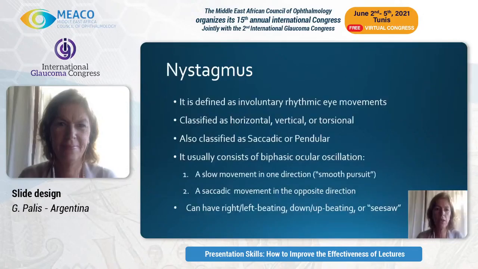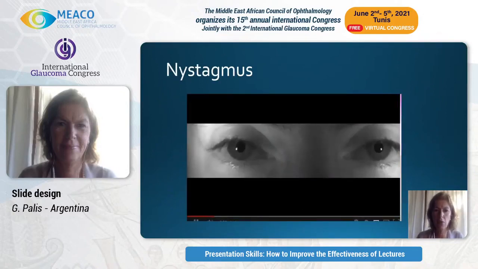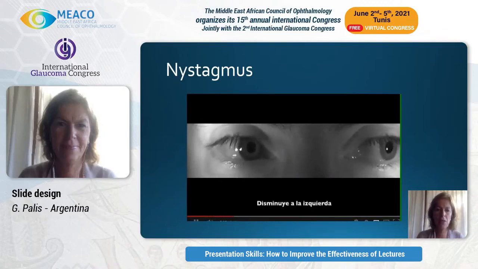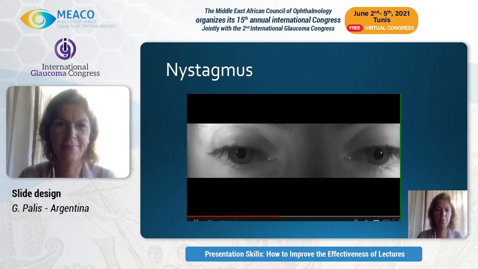Let's suppose that you're giving a lecture on nystagmus. Instead of using this list of descriptions for nystagmus, you can present a video. So it will be easier for you to explain the characteristics of nystagmus to your students with a video, and for them it's going to be easier to retain what you're saying instead of showing them a list of bulleted text.